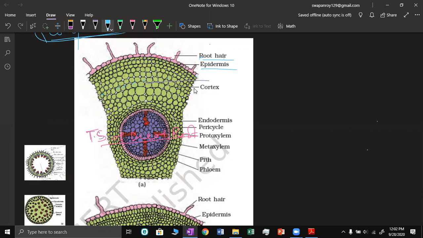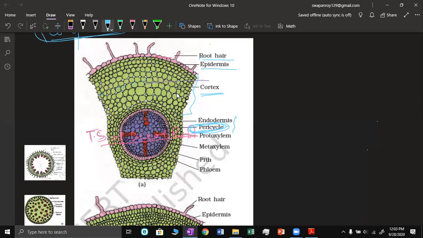That layer is the cortex, and inner to the cortex there is this layer. See here, this diagram is a little bit misleading. This is from the NCERT book, but this drawing is wrong, particularly the labeling is wrong.